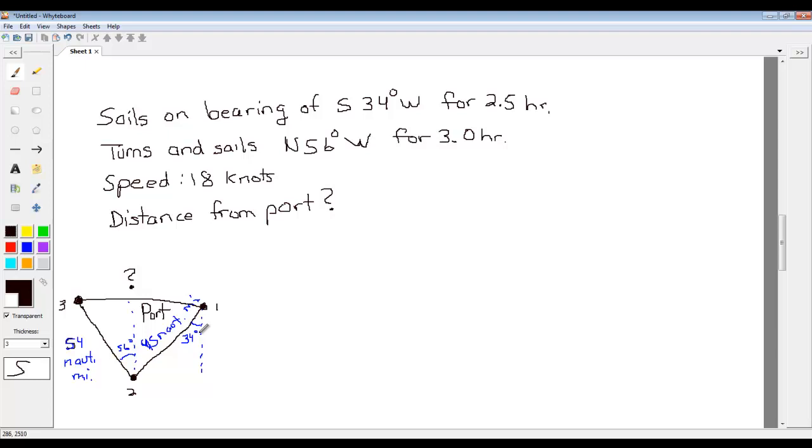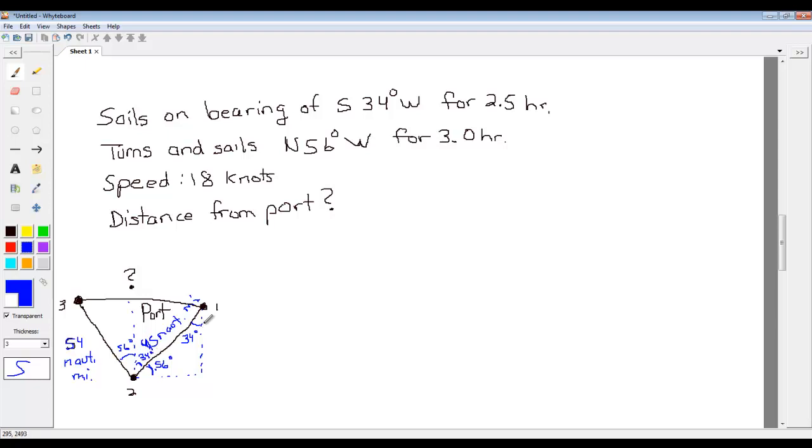Let's see here. If this angle here is 34 degrees, I'm going to reason out just how many angles I've got going on here. If this angle is 34 degrees, that means this angle here must be 56 degrees, which then means that this angle here must be 34 degrees.